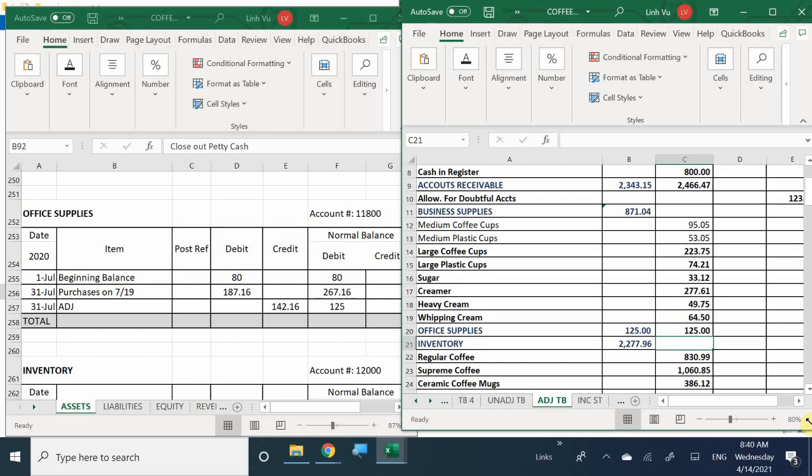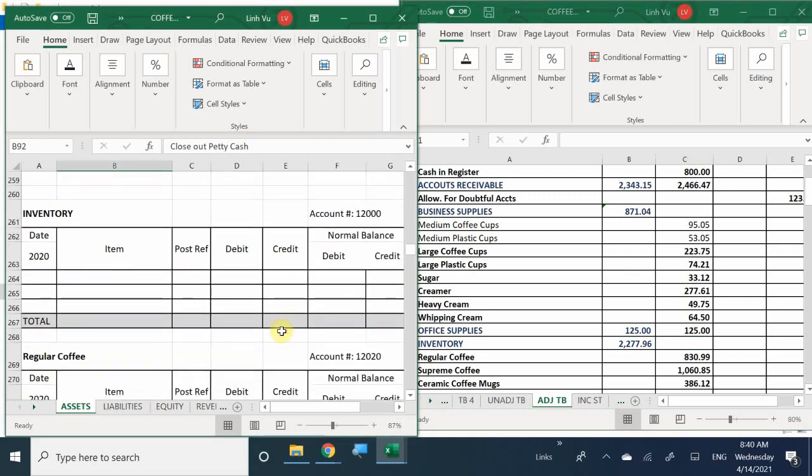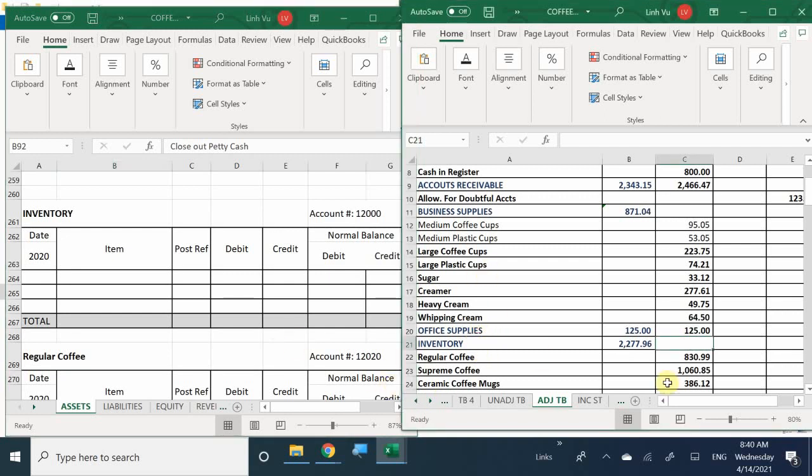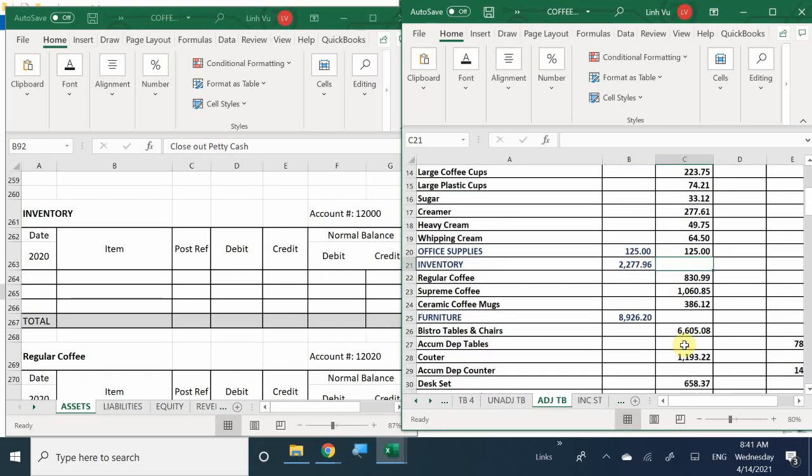So next, we have here is our furniture. I'm sorry, our inventory. Sorry, that looks weird. The 125. That should be more than that. But anyways, okay, let's go back to inventory.